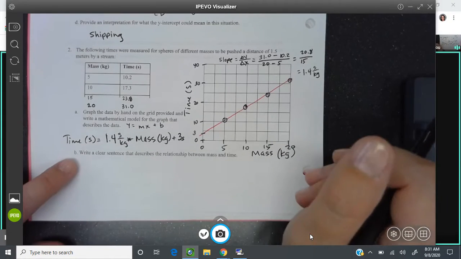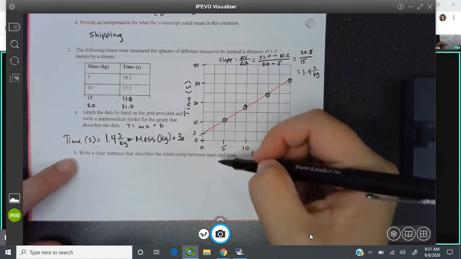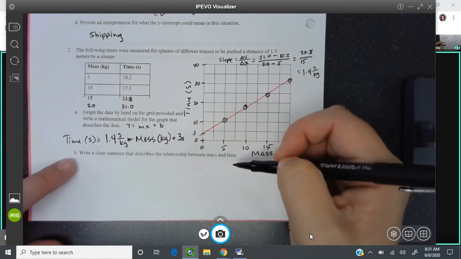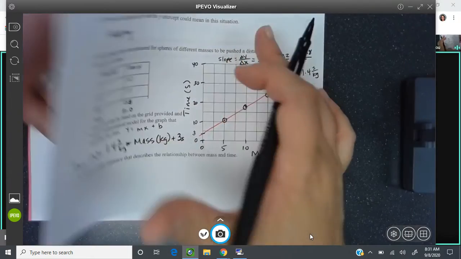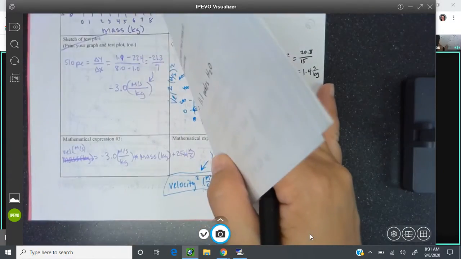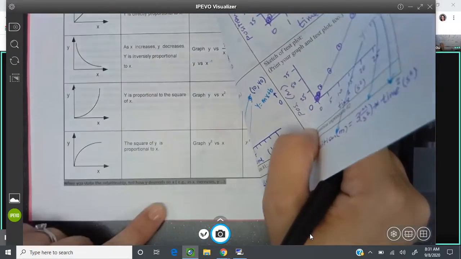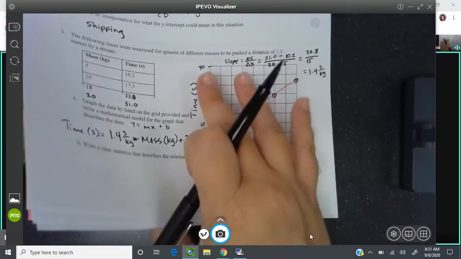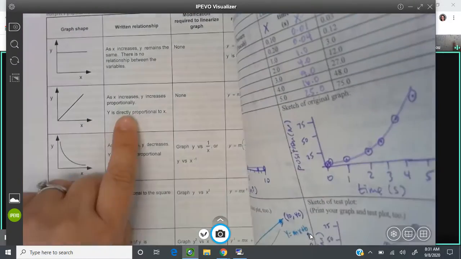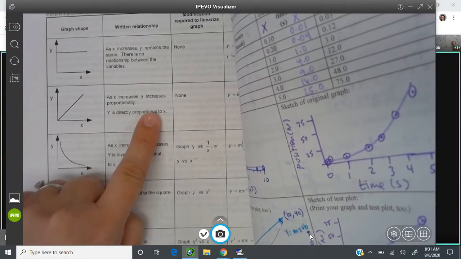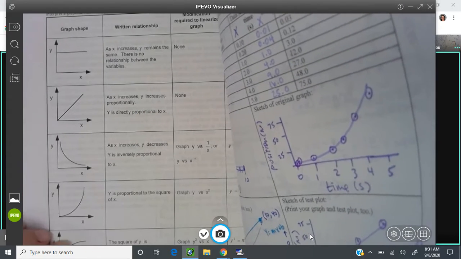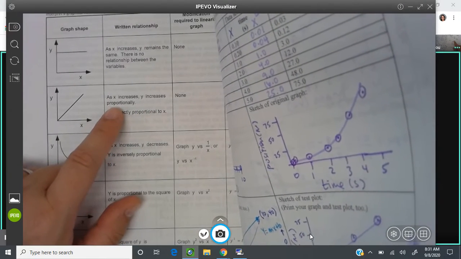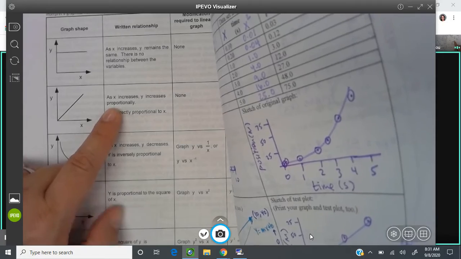Anyway, so if we write a clear sentence that describes the relationship between mass and time, what you need to do here is look back. You guys remember that handout way back here? This written relationship is what you're looking for there. When we have something that's a line, it says, as x increases, y increases proportionally. So I can use that as a framework for writing a sentence about what's happening in this equation.